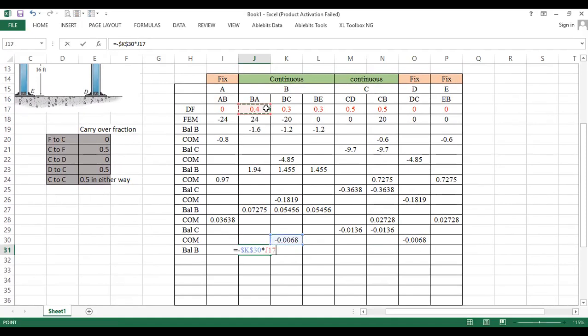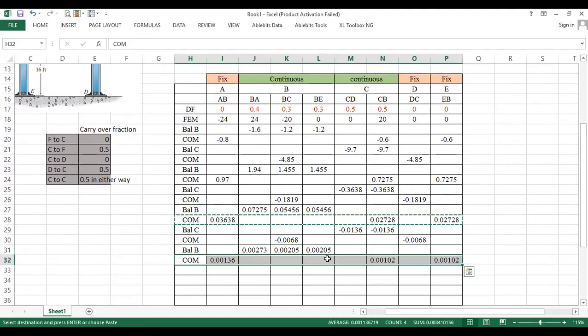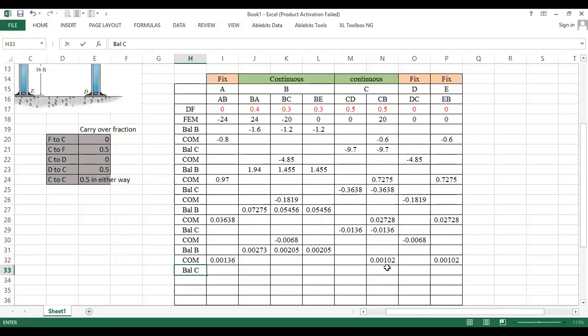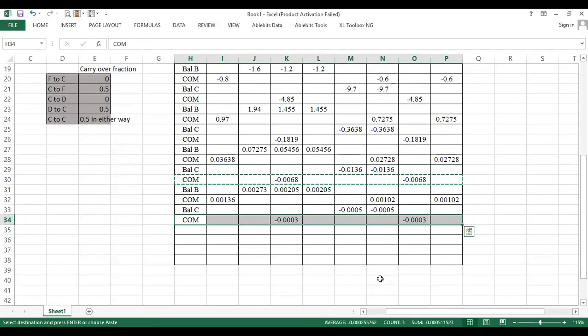Multiplied by the distribution factor. And then C can again balance B. I'll stop from this balance.